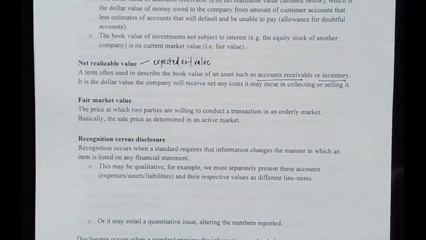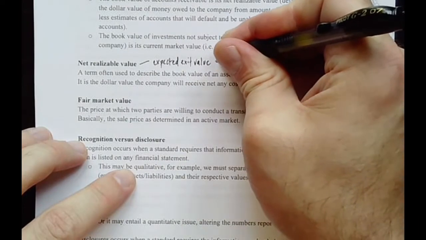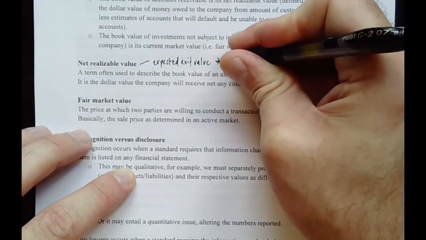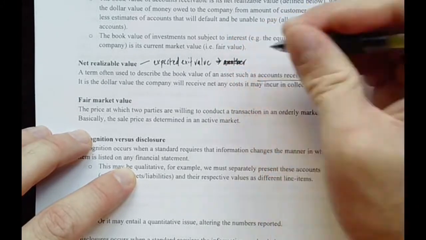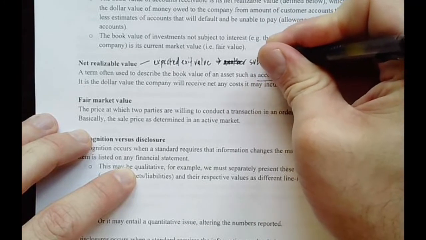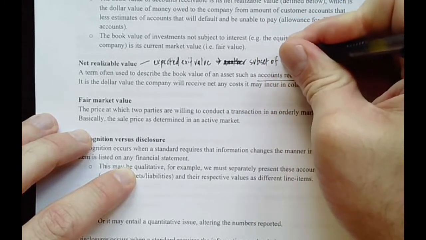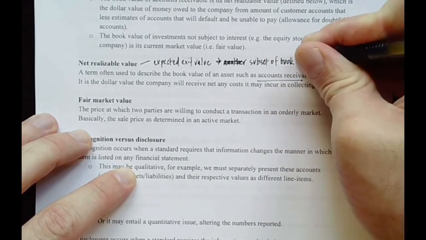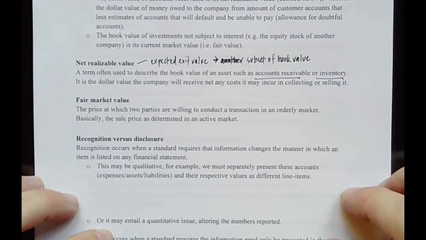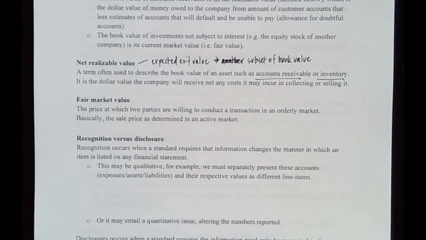So net realizable value is just another type of book value. Or I should say, not another type because that sounds like they're distinct, but a subset of book value. What I mean by that is, the book value of accounts receivable and inventory is called net realizable value, right?